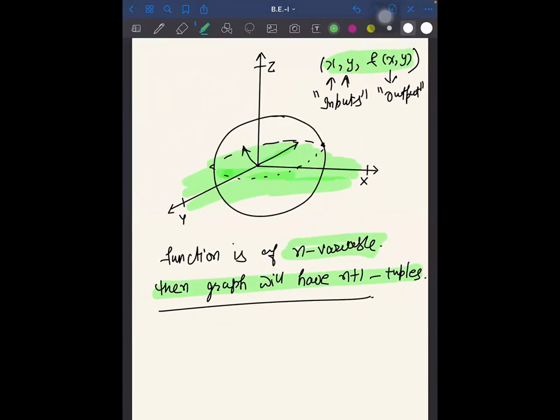So that's why, when I was talking about limit and continuity in two variables, I was saying that let me define it more formally.